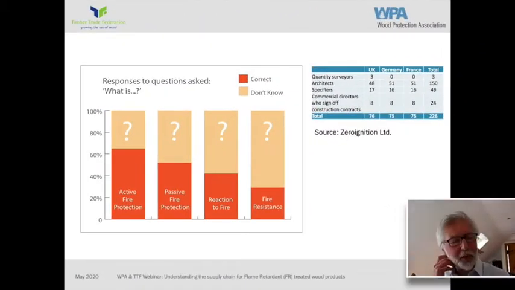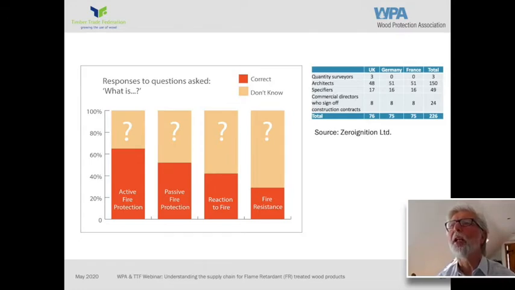So this is not just our experience, it's a widespread issue that specifiers and contractors on the whole don't understand this terminology. This was some research done by a WPA member. It's a couple of years old now. They tell me that they've continued to build up this database, but the results look essentially the same.